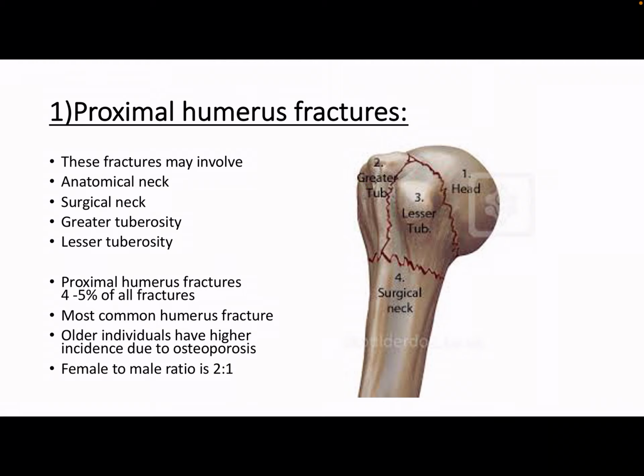Proximal humerus fractures are about 4 to 5% of all fractures, and are among the most common fractures of the humerus bone. Older individuals have a higher incidence because of the weakening of bones with age, known as osteoporosis. Females are more prone to proximal humerus fractures than males.